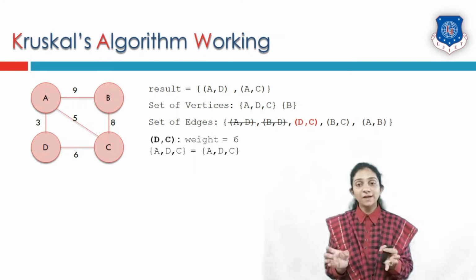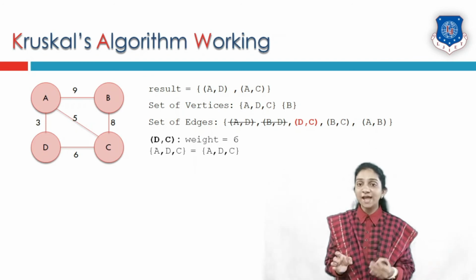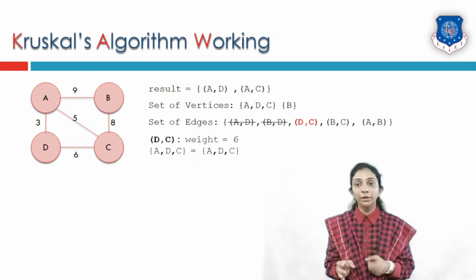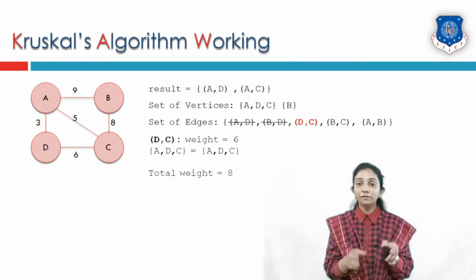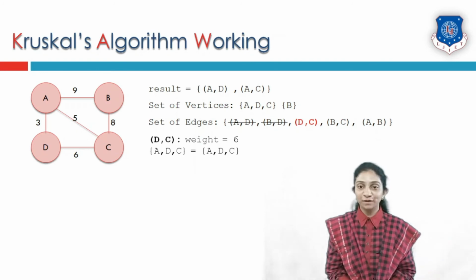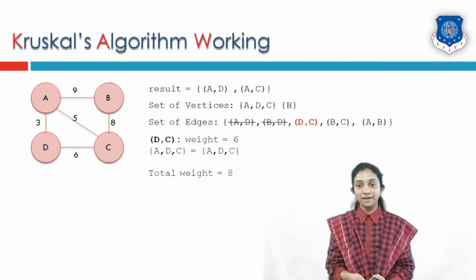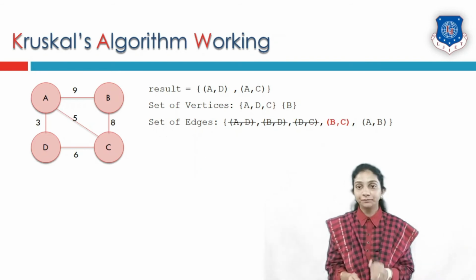Hence, since the sets are equal, we should not add this edge to our result. So we are going to reject the edge B comma C. No changes have been made at this point, so our total weight of the tree is still 8.